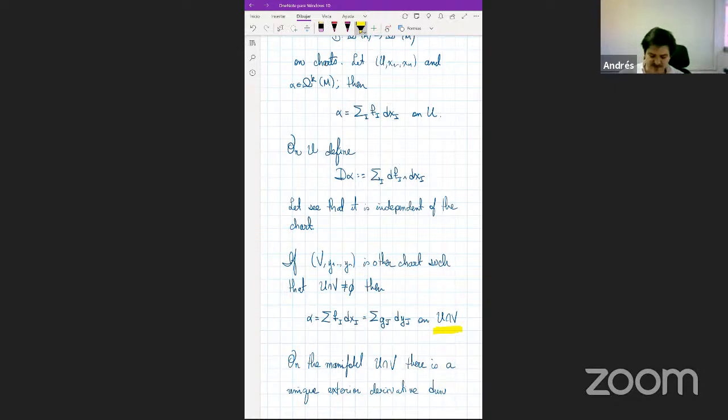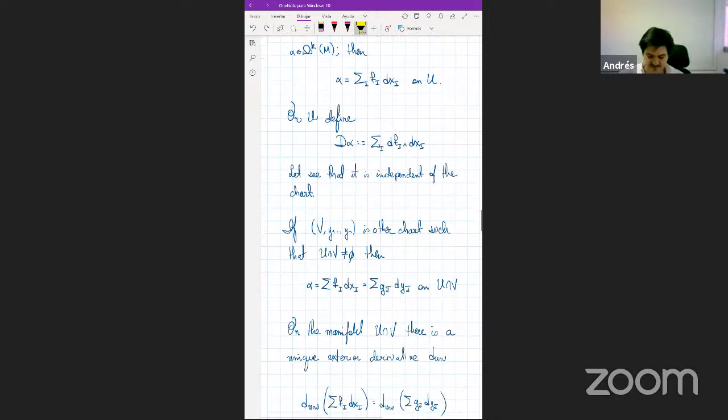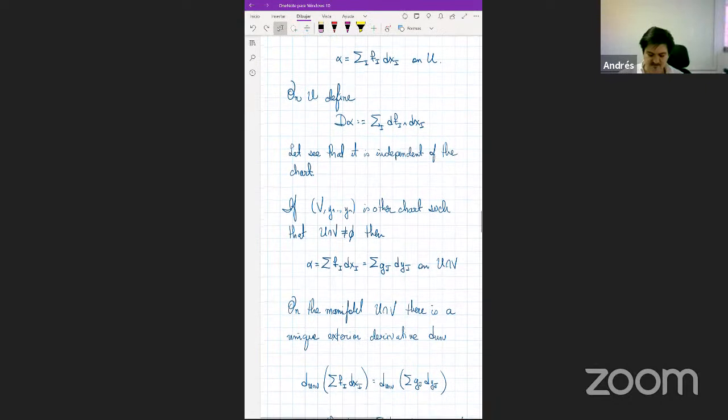So there I have a differential, and I'm going to write it like this, not only V, just to emphasize that it is on the smallest set U intersection V. Okay, then, because this equality is on U intersection V, I apply the differential and I get this.